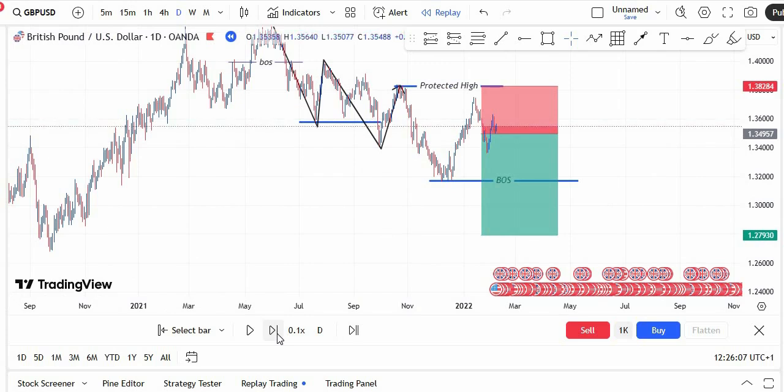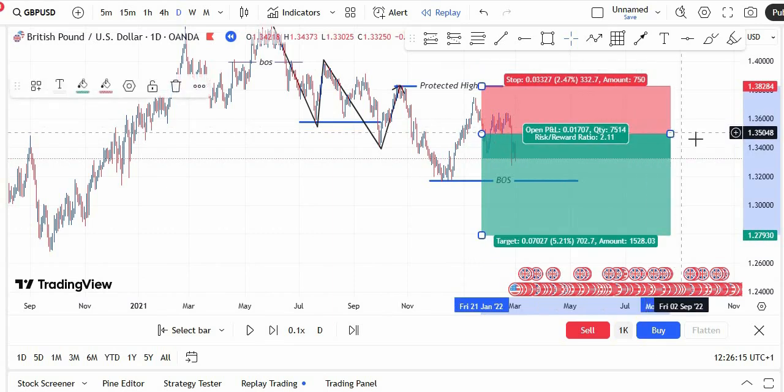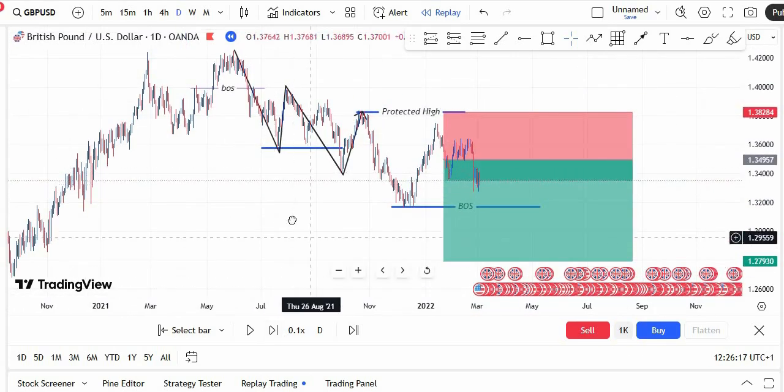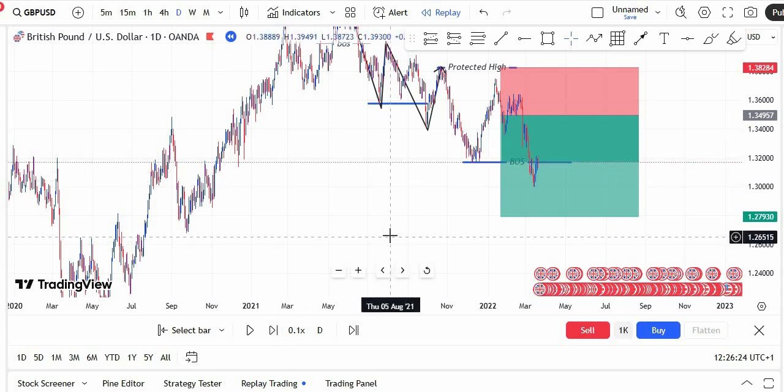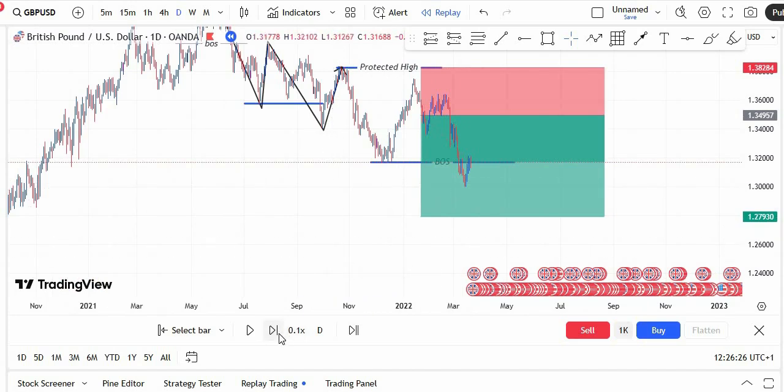So the market breaks above the protected high. We can now regard this as a change of character. And we will have a break of structure.